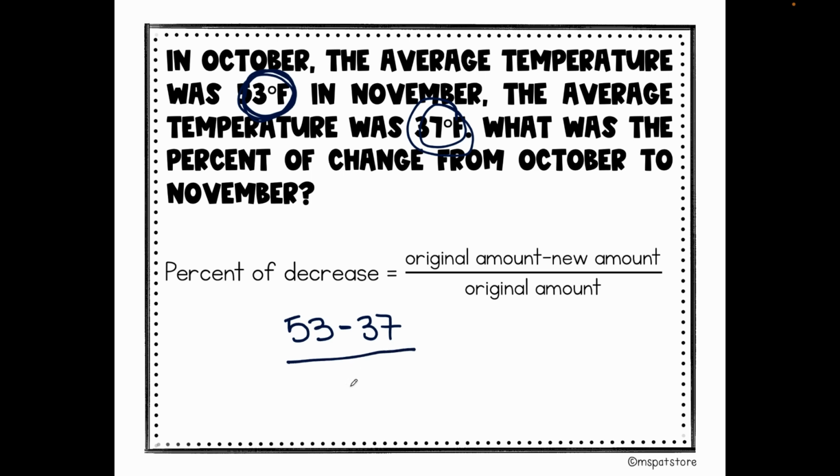But my original amount was 53 degrees. So if you subtract 53 minus 37, you get 16. And then when you divide 16 by 53, you will get 0.30. Then you shift the decimal point 2 spaces, 1 and 2, and that's how you end up with 30% of decrease.